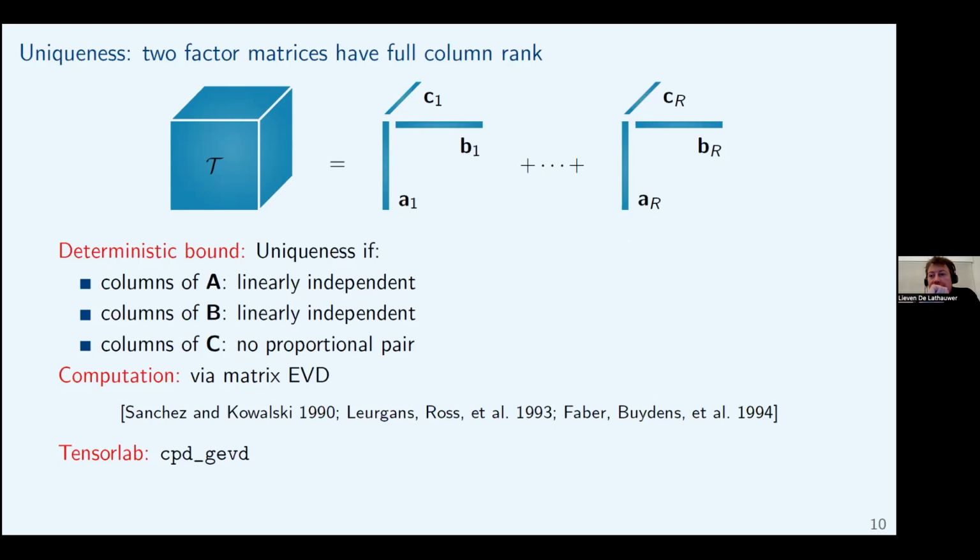So I will just show two results. The most basic result is that if all these A vectors are linearly independent, not orthogonal, but linearly independent, and all the B vectors are linearly independent, and among the C vectors you don't have proportional vectors, then it's unique. Actually, if you have only two matrix slices, you would have a matrix pencil.